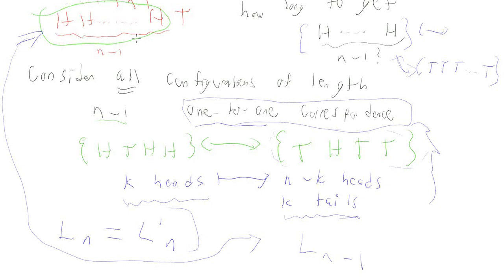And we know that after this, we need n more steps: this changes to H, and then we get a bunch of T's.